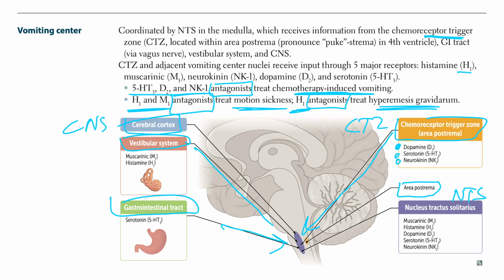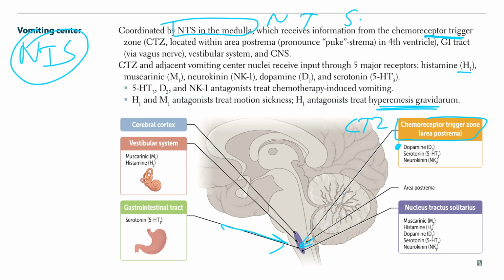So it is basically also sending the signal to the NTS. So NTS is the major center. If somebody asks what is the major vomiting center, it is the NTS in the medulla, which is the nucleus tractus solitarius.